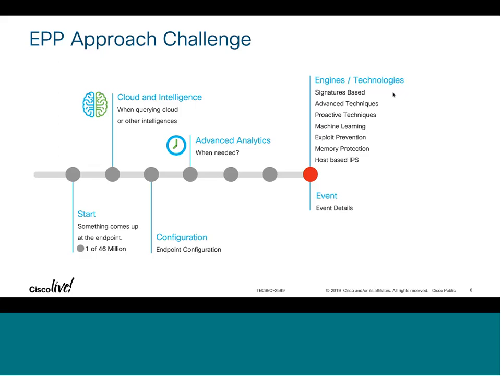The next thing is, you know, one event does not show anything. The problem I have seen at customers is that with new endpoint protection products, they often have generic engines, generic buffer overflow, generic exploit prevention features, and so on. What they are getting now is a generic event from the endpoint.